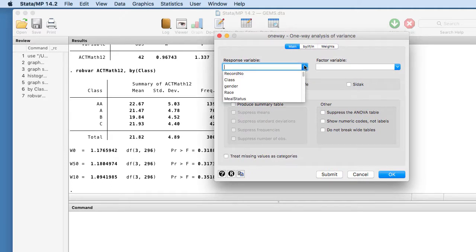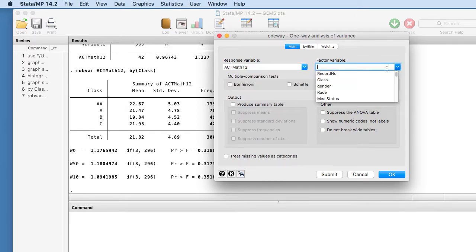Now our response variable, again our dependent variable, is ACT Math 12. And our factor variable is class.